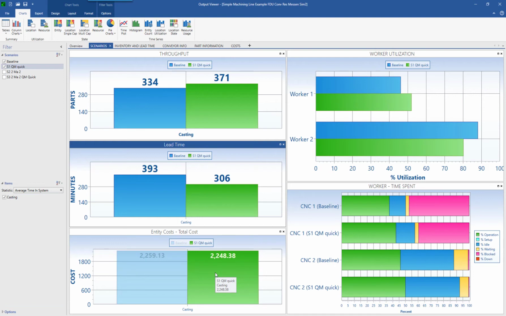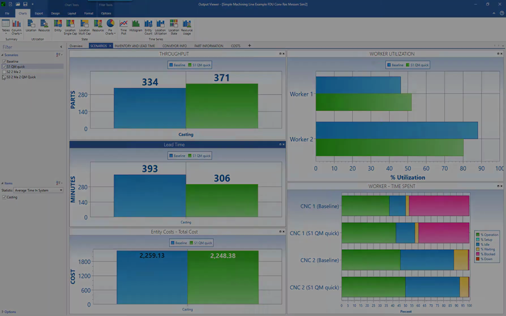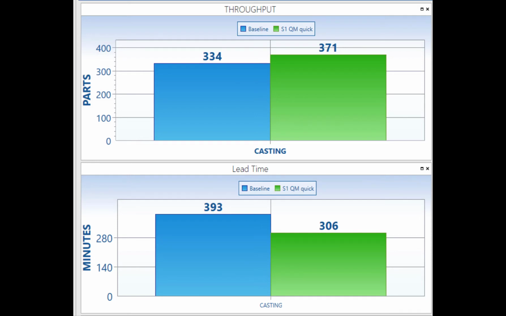By utilizing the Scenario Manager, we can easily try different ideas with the goal being to meet our production needs at the most cost-effective solution. By using a faster machine, output has increased to 371 parts versus the 334 we were getting before.